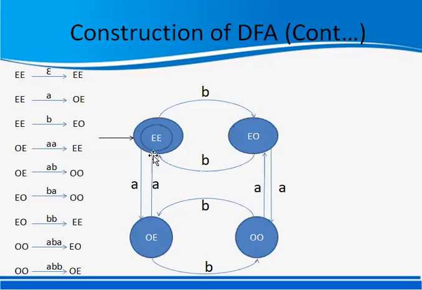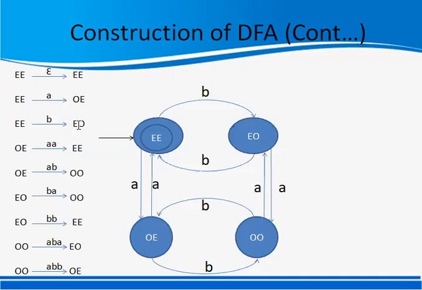This state will represent even-even. This state will represent even-odd. This state represents odd-even, and this state will represent odd-odd, that means an odd number of a's and an odd number of b's.